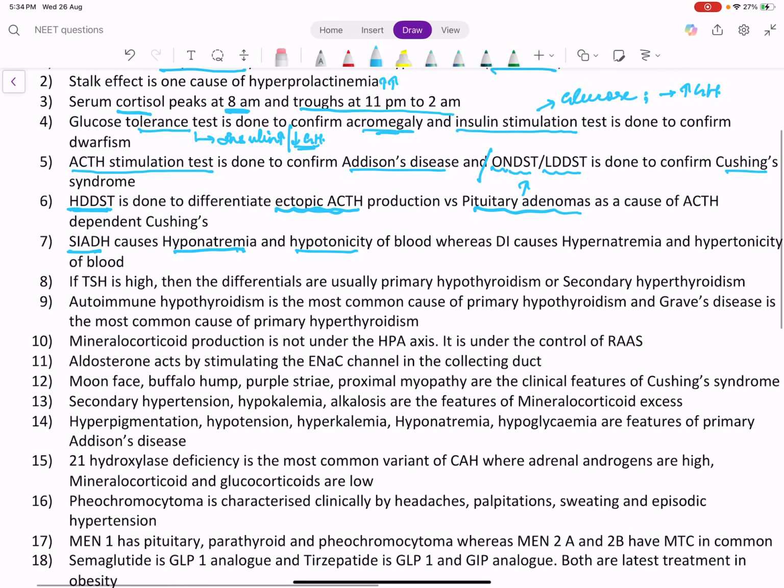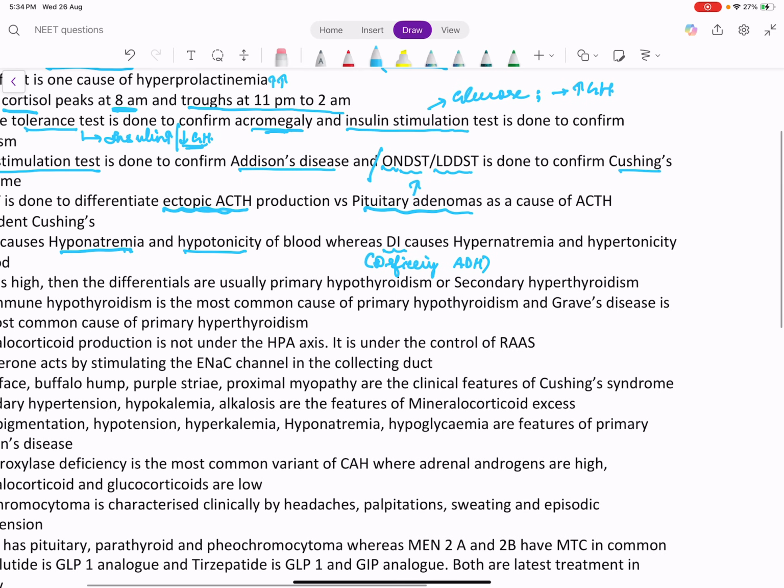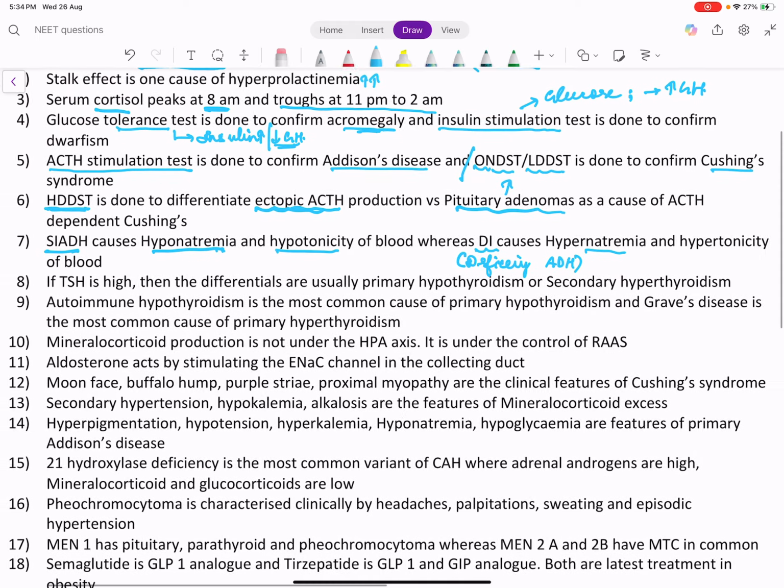Whereas the opposite of this is diabetes insipidus, where there is deficiency of ADH. ADH is a posterior pituitary hormone. When ADH is deficient, water cannot be reabsorbed from the distal convoluted tubule and collecting duct. So water will be excreted. So urine will be dilute, but the blood will be hypertonic and there will be hypernatremia.